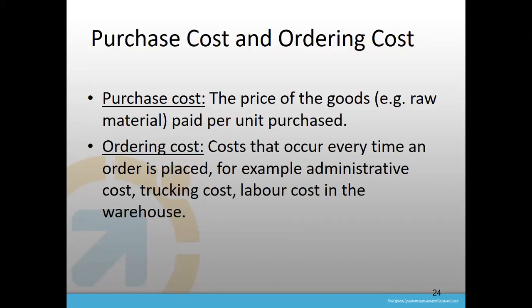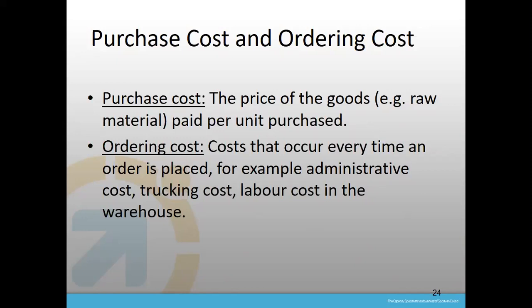Example, when I place an order, maybe I have administrative costs, meaning somebody has to fill in the purchase order form. Somebody has to follow up with a supplier, and maybe we have to pick up the goods, cost us transportation for one truck. Never mind whether we order one chair or we order 10,000 chairs.